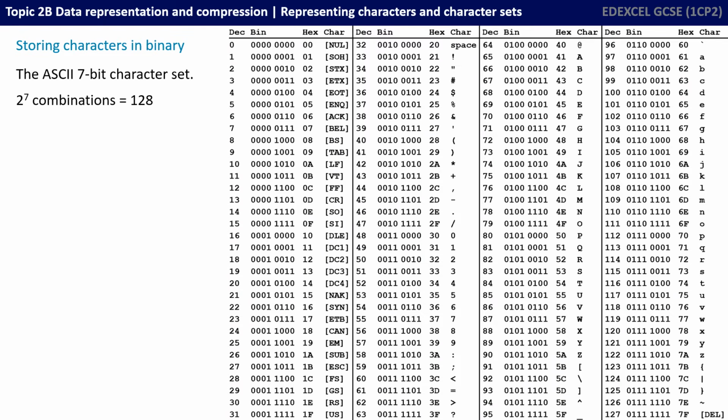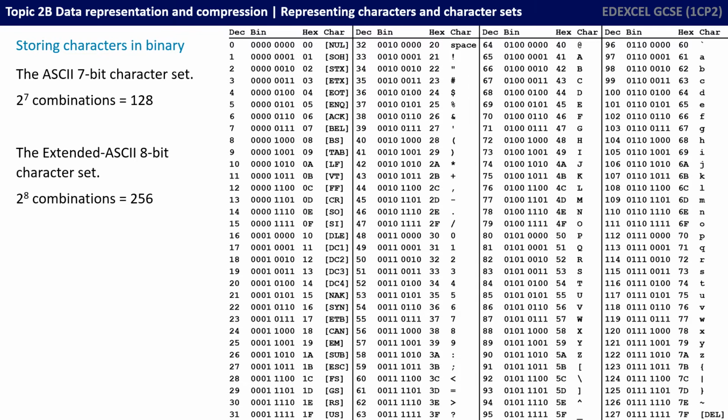In the early days of computer science, ASCII, or the American Standard Code for Information Interchange, became an accepted standard. ASCII was a 7-bit character set. This means there were 2 to the power of 7 combinations of bits, which is 128 different combinations, and therefore it identified 128 characters and their binary codes or denary equivalents.